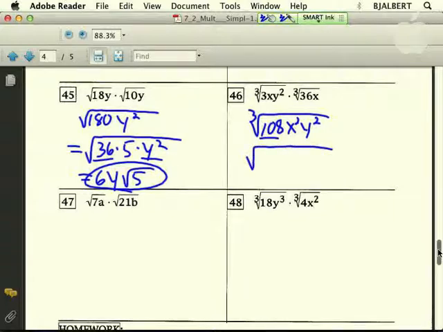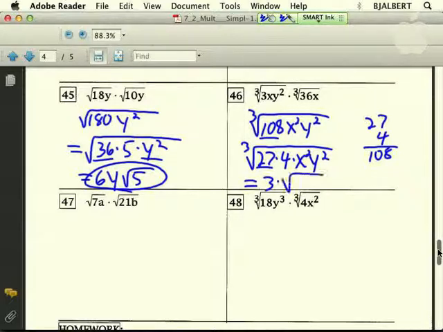The biggest cube that goes into 108, let's see, I think it's 27 times 4 is 108. Okay, so 27 times 4 times x squared times y squared. So cube root of 27 is 3, and that'll leave the cube root of 4x squared y squared.